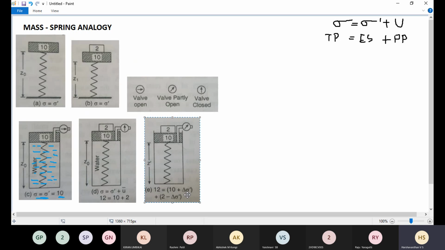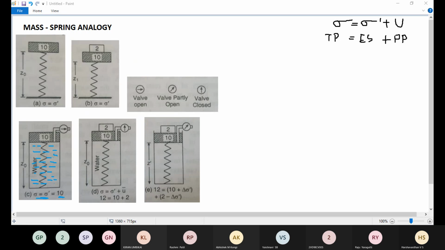Now due to escape of some water, we have some extra pressure which the spring takes, and earlier the stress carried by water was 2, and now some of the stress is transferred to the spring. So when some water escapes out, this piston or the weight comes down, the spring gets compressed. So some of the stress that was carried by water is transferred to the spring. So this is the third step.